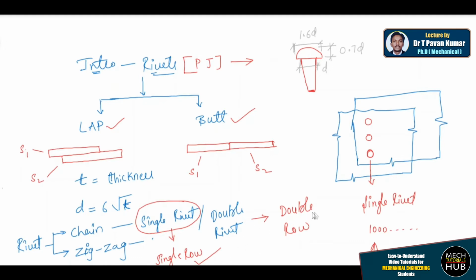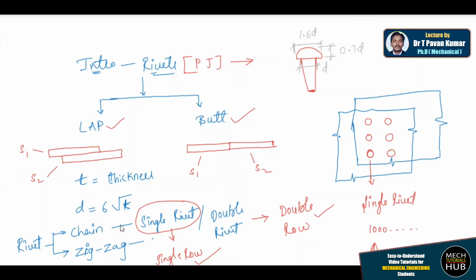If it is double riveted, it is a double row, meaning one more row will be arranged at an offset distance. Try to understand this logic. This is about single riveted and double riveted joints.